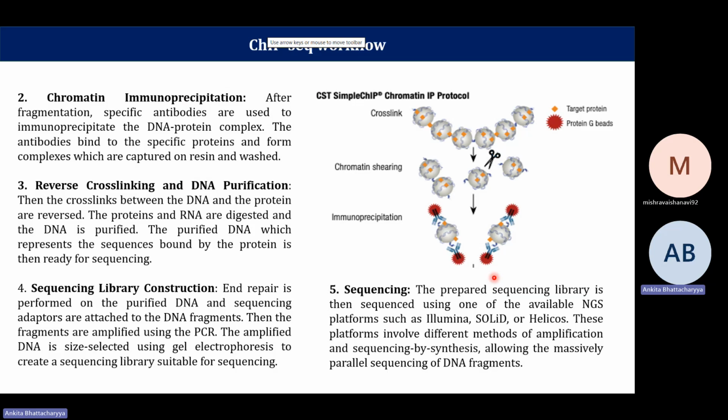So a Western grade antibody may or may not work for chromatin immunoprecipitation, because there you completely get the protein turned inside out because of the denaturation. However, for ChIP, that's not going to happen. You want the protein to remain in its native state.